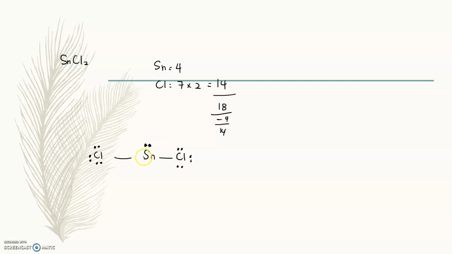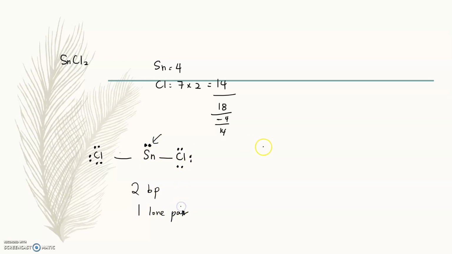Okay, so this is the Lewis structure. And then how to determine the geometry? Look at how many atoms are bonded to the central atom, or how many bonding pairs. There are 2 bonding pairs, or 2 chlorine atoms bonded to the central atom, and is there any lone pair on the central atom? Yes, there is 1 lone pair on the central atom.